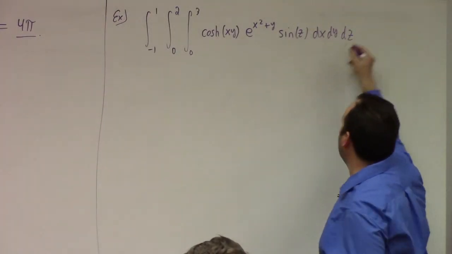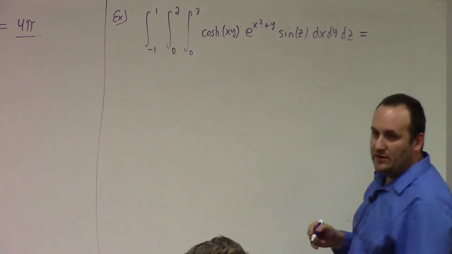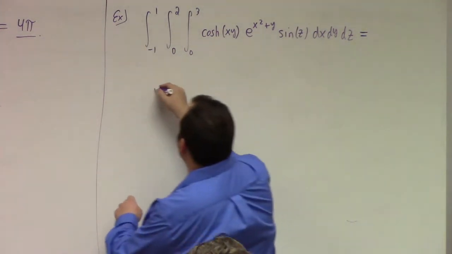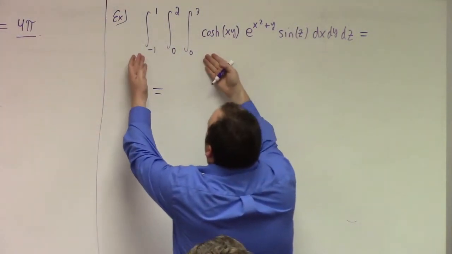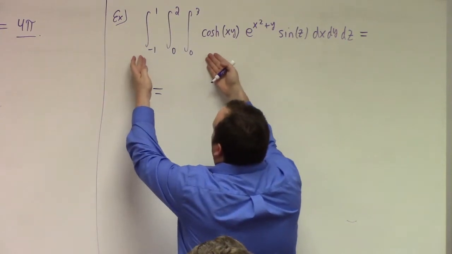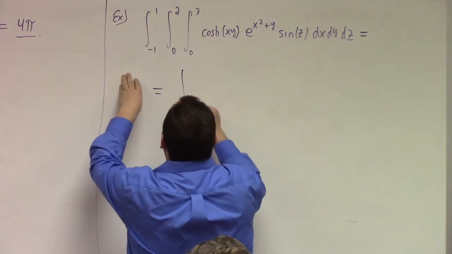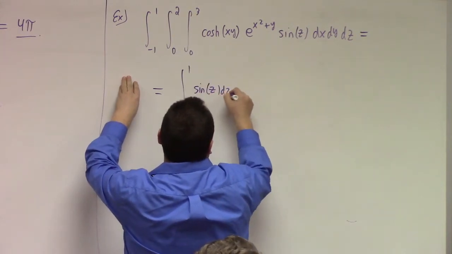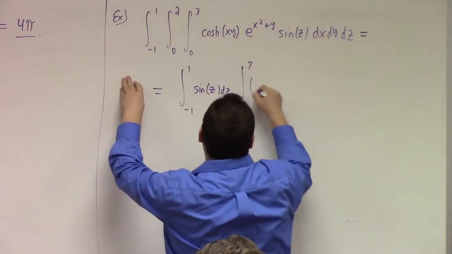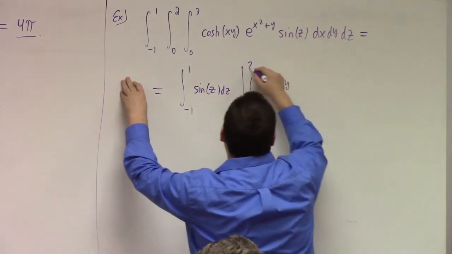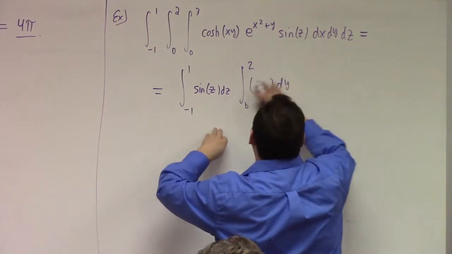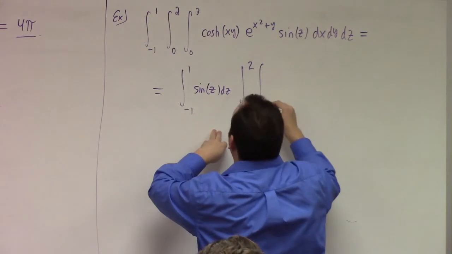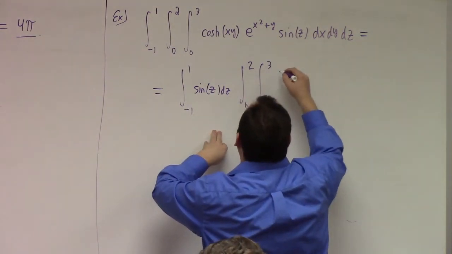This one is what? We can use the trick I introduced last time because we have nice, wonderful, non-variable bounds. We love them. And when we do that, we have the integral from minus 1 to 1 of sine z dz, integral from 0 to 2, and so on. Anyway, the other two integrals, you know. This is kind of a modified version of that.